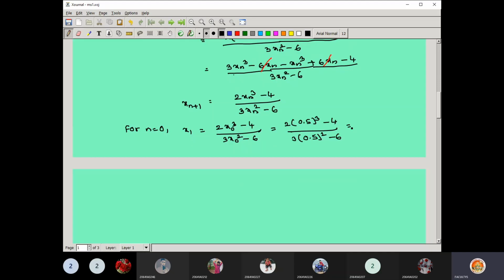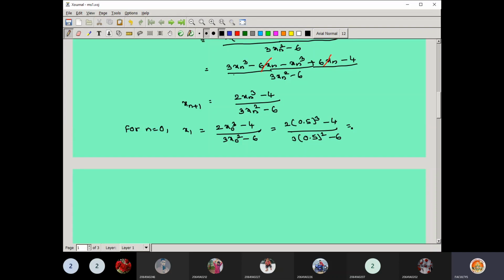Better you use the divided by button and directly write bracket 0.5 with the power button cube and minus 4. Total it is divided by 3 bracket value 0.5 bracket close, power button 2, minus 6 value.